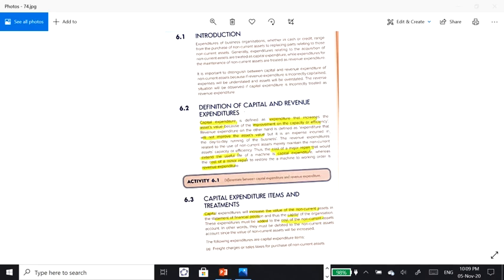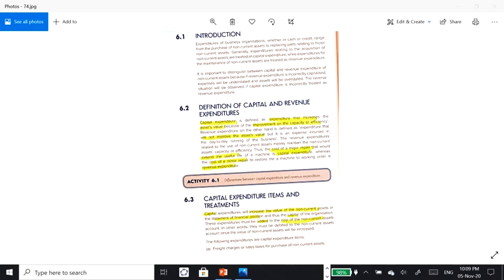Manakala kalau revenue ni dia hanya untuk maintain sahaja. Maksudnya kalau macam kita repaint the building contoh, so painting tu, cost of the painting kita akan klasifikasikan dia dalam revenue expenditure.